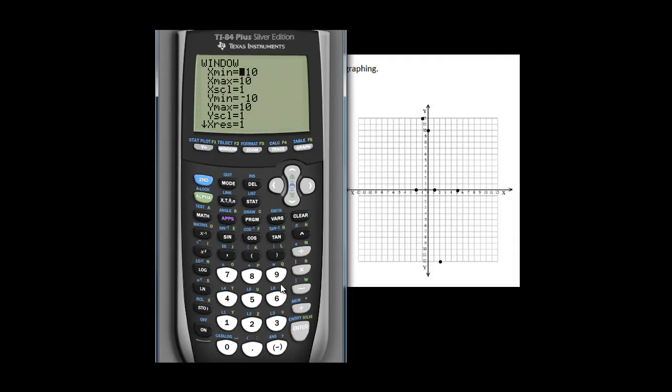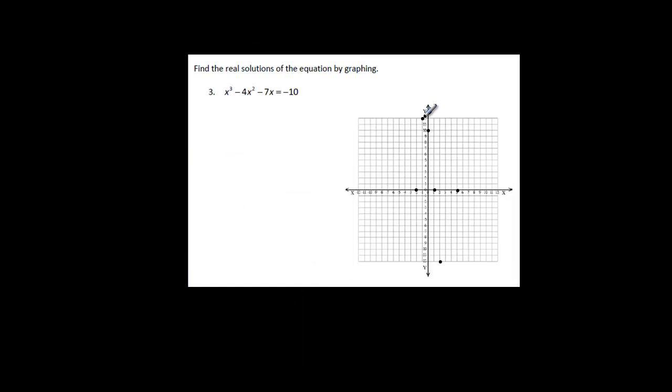Let's extend the y max just to see how high it goes. So the peak over here is going to be second trace max, left bound, right bound, I guess. So negative 0.7, 12.5. So it is going to go just a tad bit higher than that point right over there.